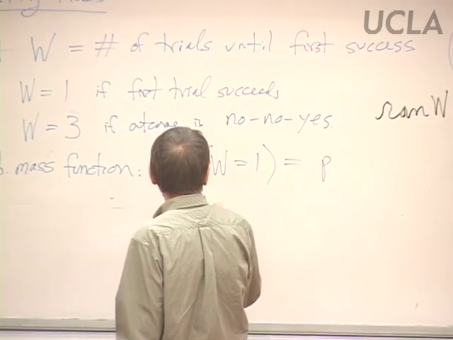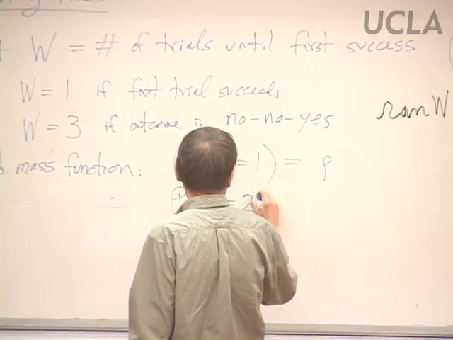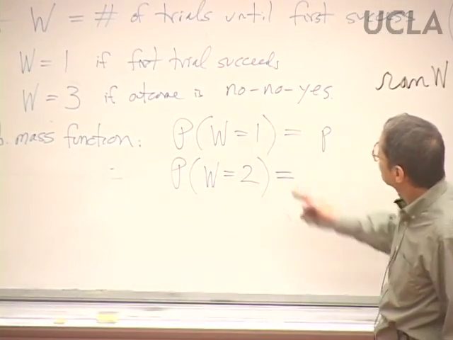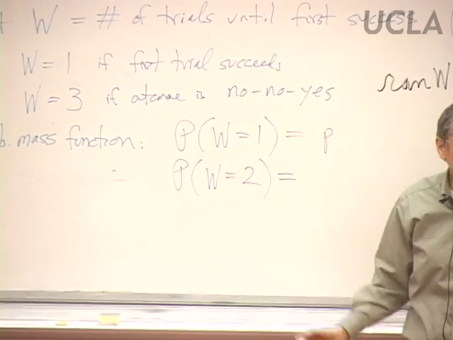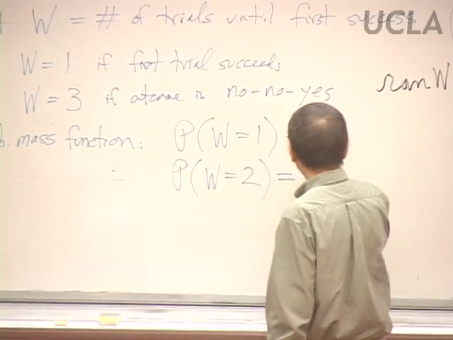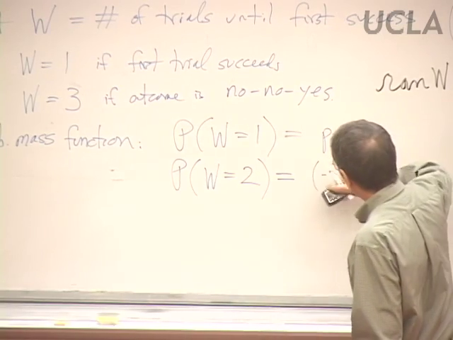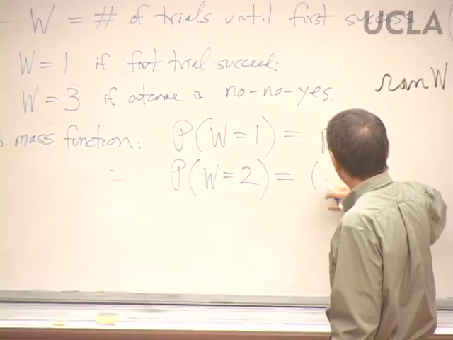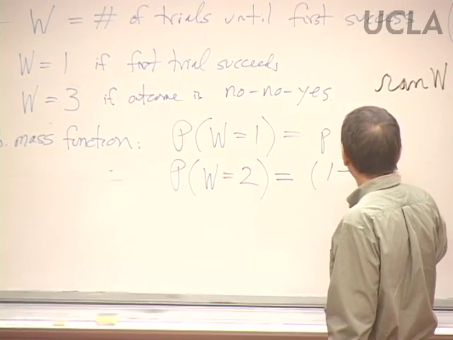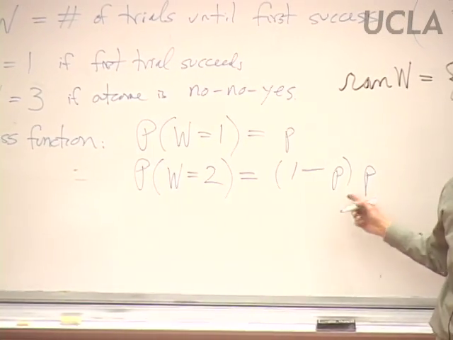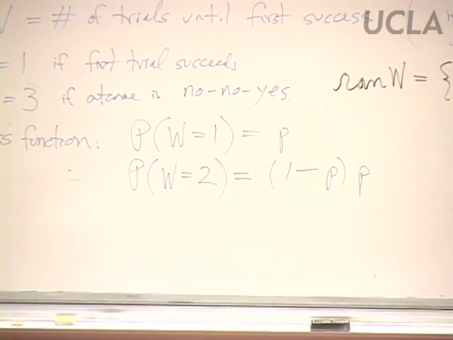The probability that W is 2. Well, for W to be 2, that means the first trial fails, and we know the probability for that: 1 minus p. And the second one succeeds, and the trials are independent, so we just multiply.